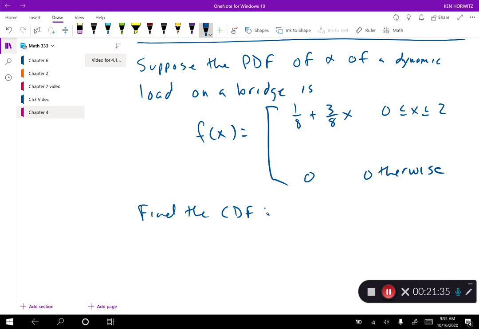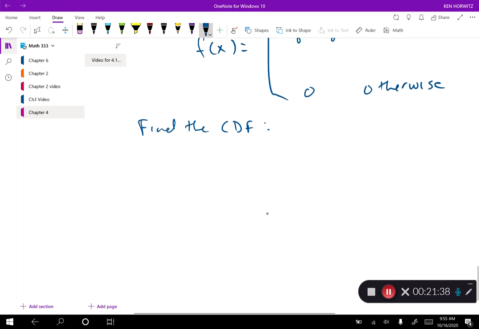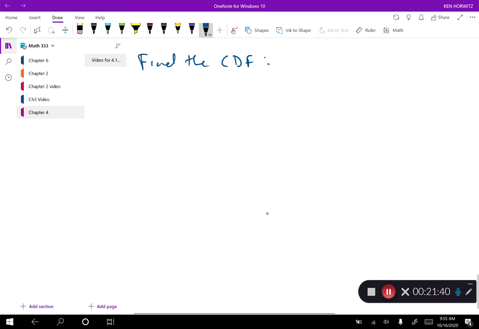All right. So if we integrate, my big F of x, my CDF function, is going to be the integral from negative infinity up to x of 1/8 plus 3/8, we'll call it y, so we can distinguish the variable, dy.